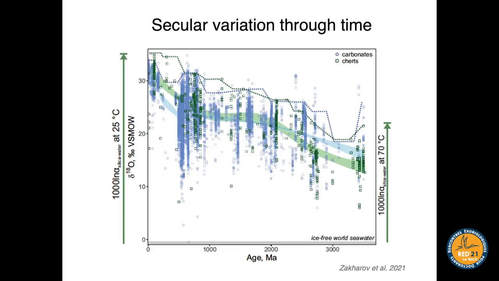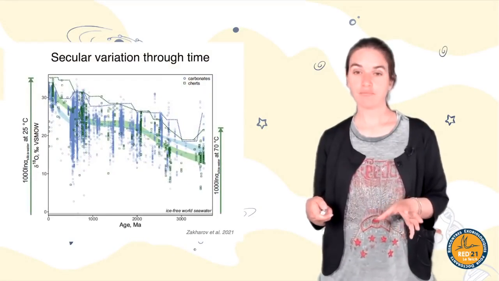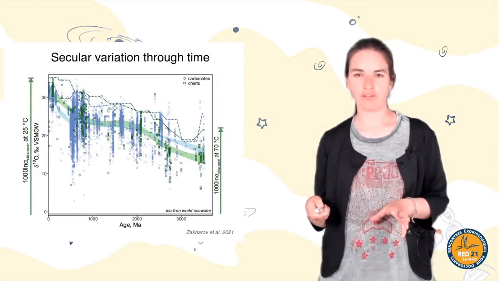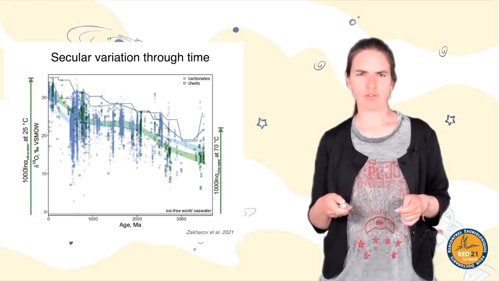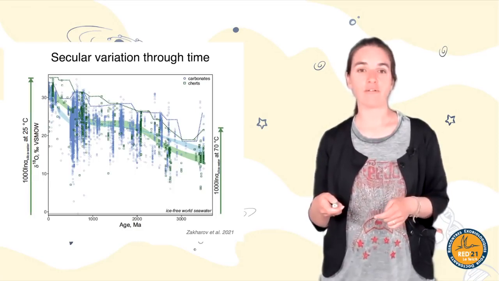This is a reconstruction of all paleoclimate studies that have been produced in the literature. What is very interesting is that both the carbonate and the chert show this secular variation through time, with a lower composition during the Archean time, and with the modern composition, temperature and composition at now.